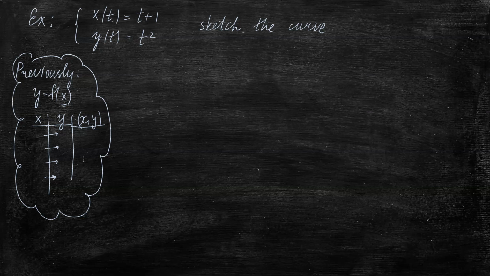So what changes? We're still going to use the same idea. When you have a function, it does make sense to evaluate it for different inputs. However, with parametric equations, we have two functions.